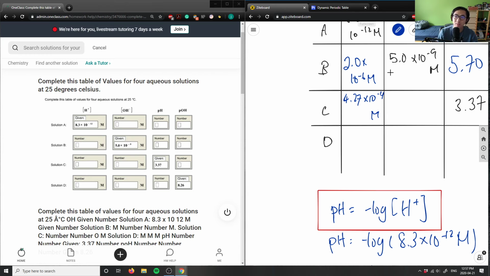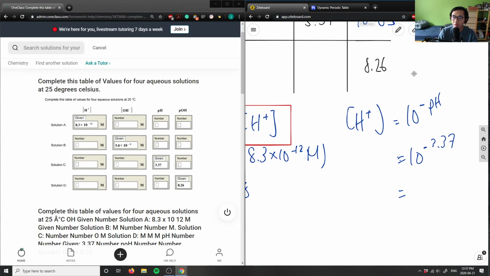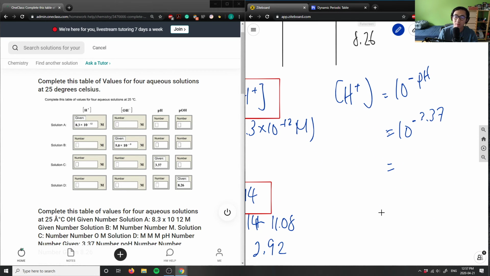This is molars. And as you can now do, I can simply do 14 minus the pH to get my pOH. So 14 minus 3.37, I would get 10.63 for my pOH. And I can use this formula here: OH minus equals 10 to the power of negative pOH, to solve for that.